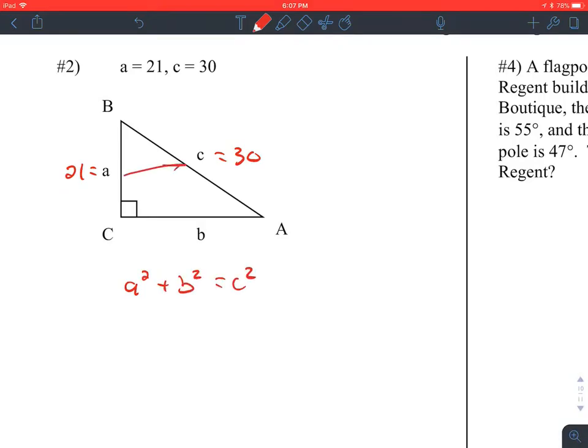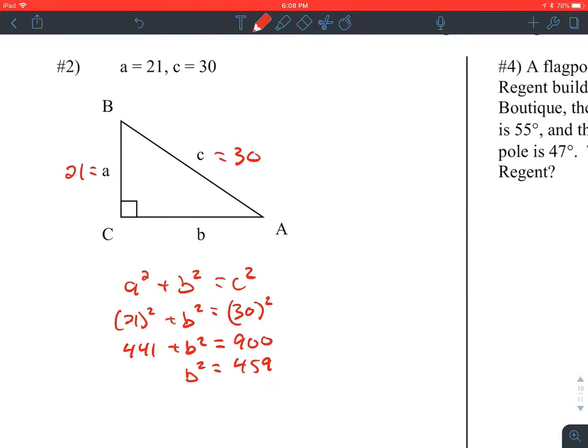Since we have two sides of the triangle and neither are rounded, we can use the Pythagorean theorem. 21 squared plus b squared equals 30 squared. 21 squared is 441. 30 squared is 900. That makes b squared 459.